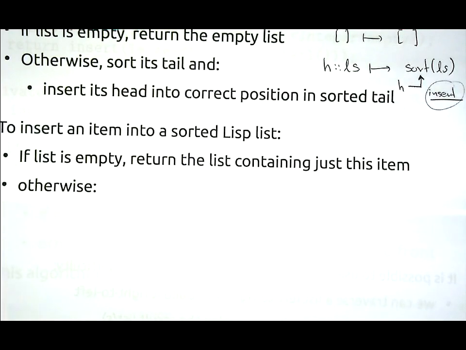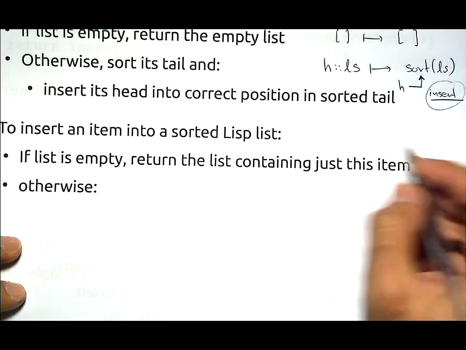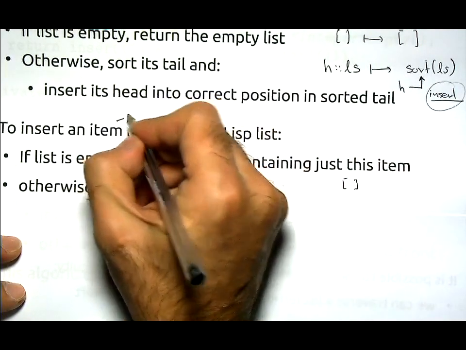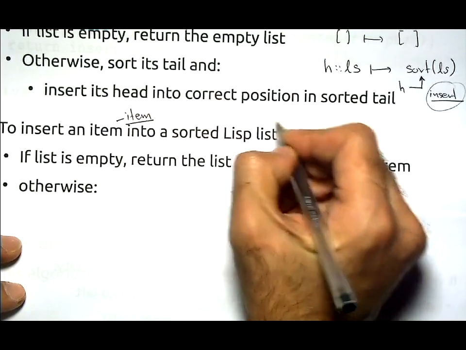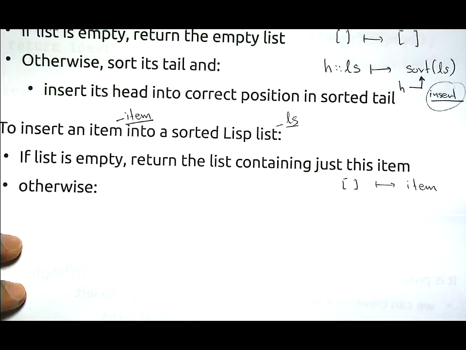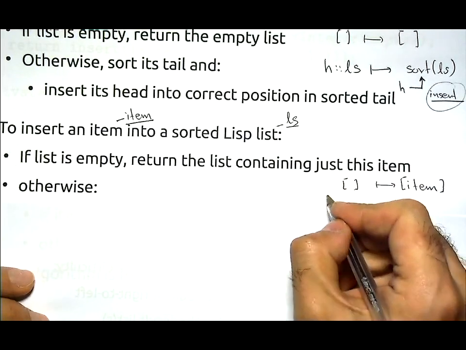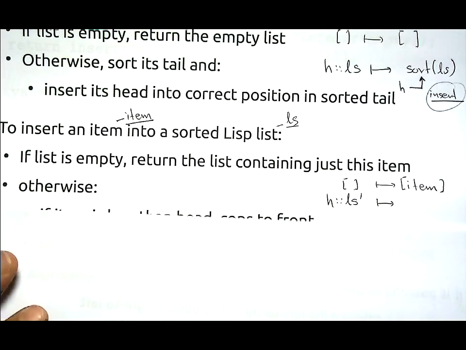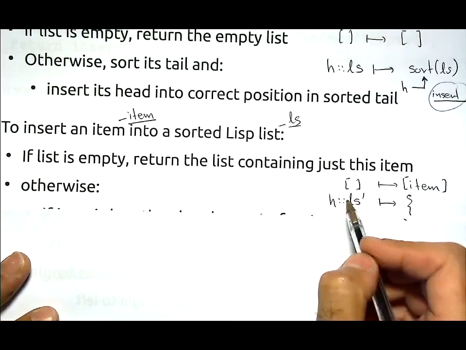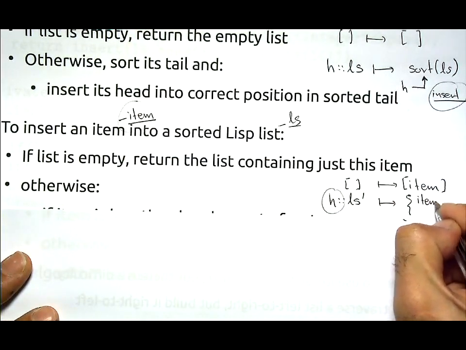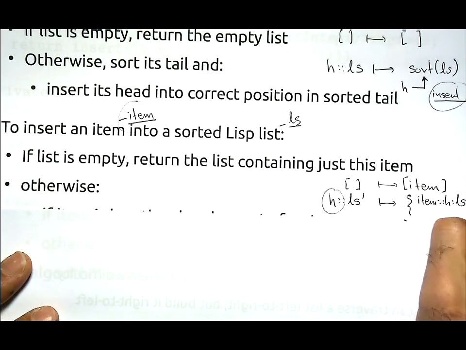So how can we insert an item into a sorted list? Well, again, if the list is empty and I want to insert an item, let's call it item. Let's call this ls. Well, I just return item as a list. Otherwise, if my list is of the form head followed by a tail, ls prime, there are two cases. If my item is less than the head, then I can just say, okay, put item, then put head, and then put ls prime.